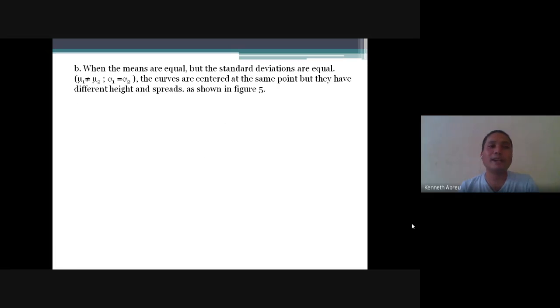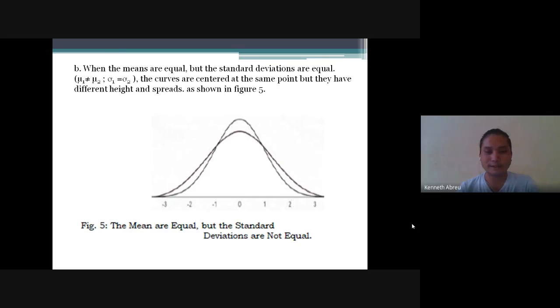Pero kapag daw naman ang mean natin ay equal, when the means are equal but the standard deviations are not equal, the curves are centered at the same point but they have different heights and spreads, as shown in figure 5. This one. Ito pala, itong letter B natin is that kapag ang mean are equal, pero ang standard deviation naman natin ay not equal.